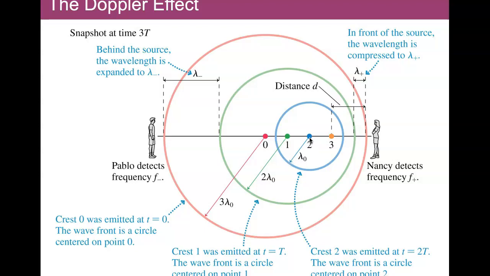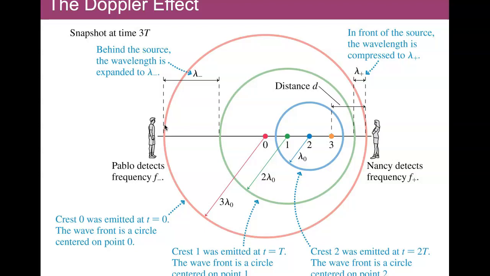So this wavefront has radius lambda naught, this one has radius 2 lambda naught, 3 lambda naught, etc. So it basically reduces to a geometry problem. We want to find this distance in front and this distance in the back.